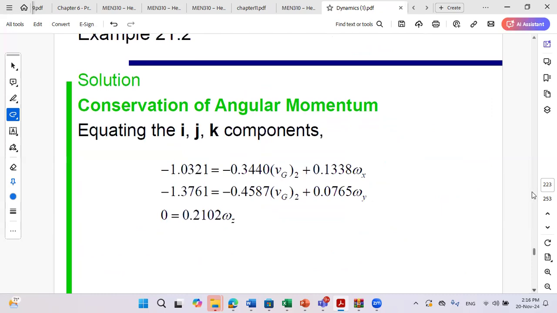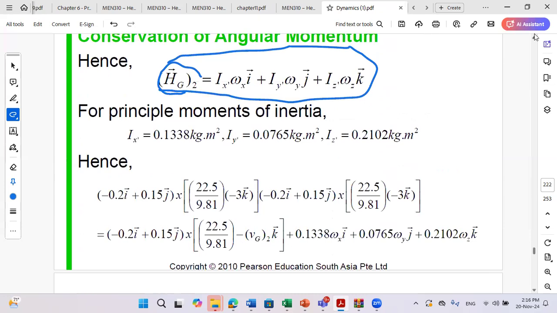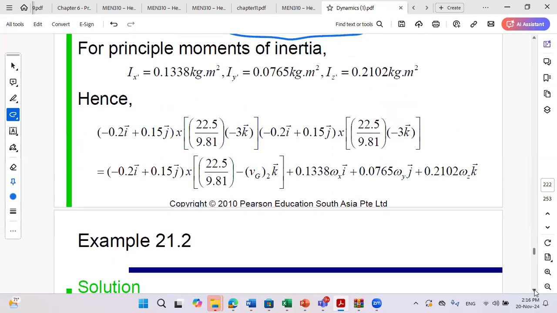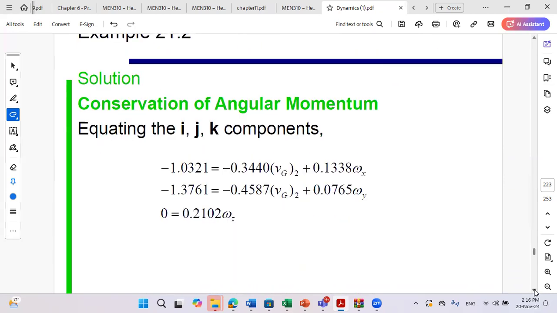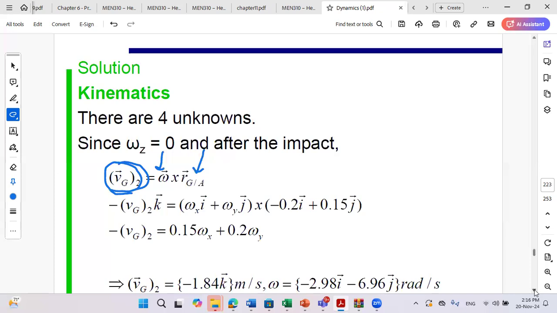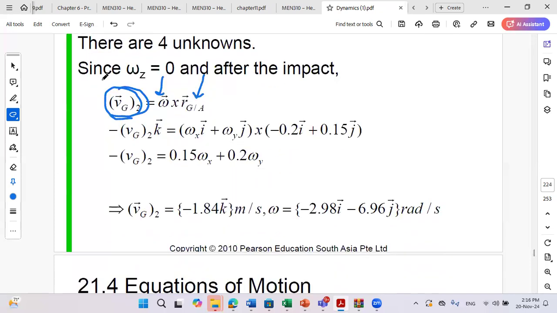You can say that I can write that VG is equal to VA plus omega vectorial AG. Okay, so if you do so, when you write this equation, you can relate the velocity of point G to your components omega x, omega y, omega z.